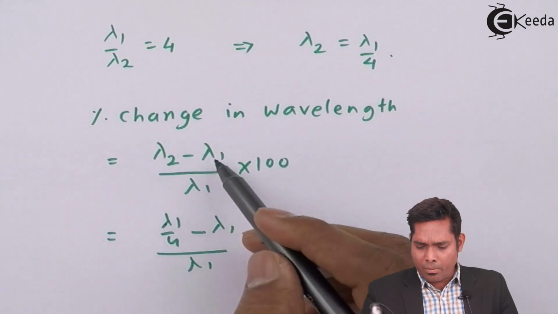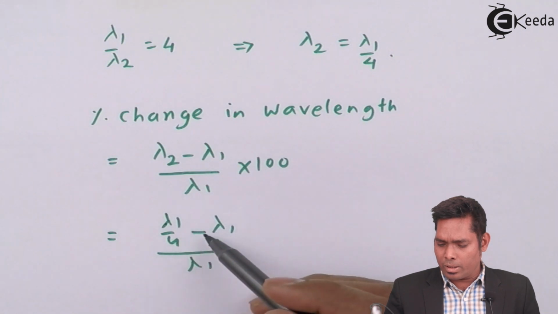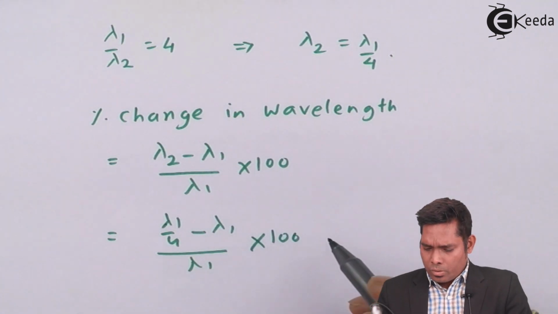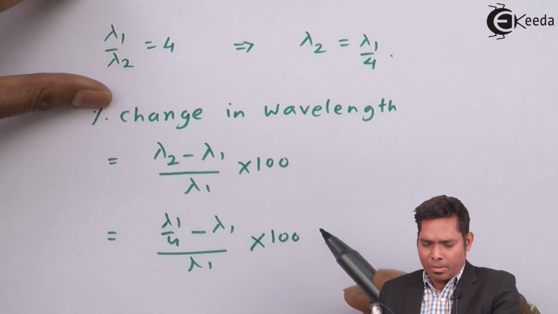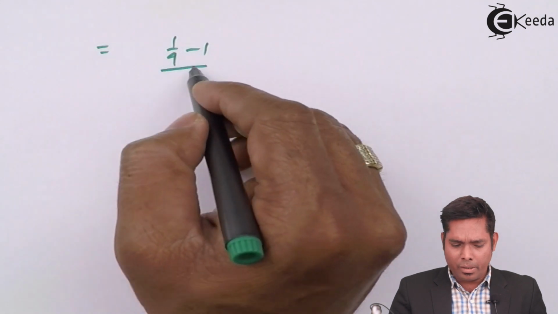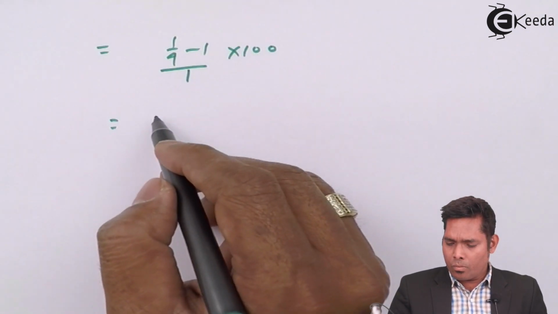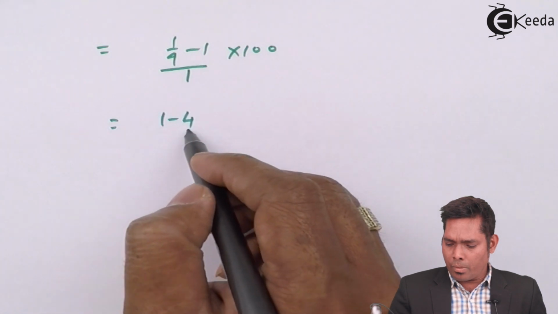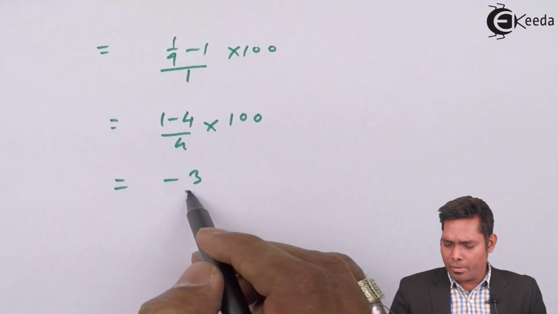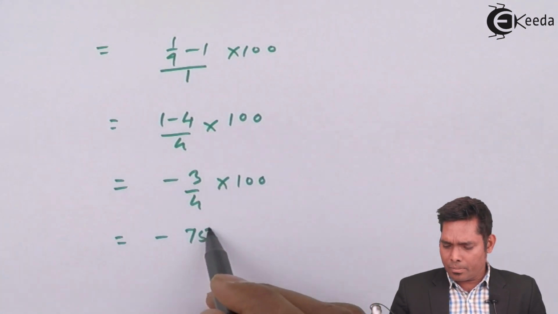Lambda 1 I kept as it is and lambda 2 is replaced in terms of lambda 1 so that lambda 1 cancels and we will get the answer. So what we are left with is 1 by 4 minus 1, divided by 1, into 100. This is 1 minus 4 by 4 into 100. This becomes minus 3 by 4 into 100, which is equal to minus 75.